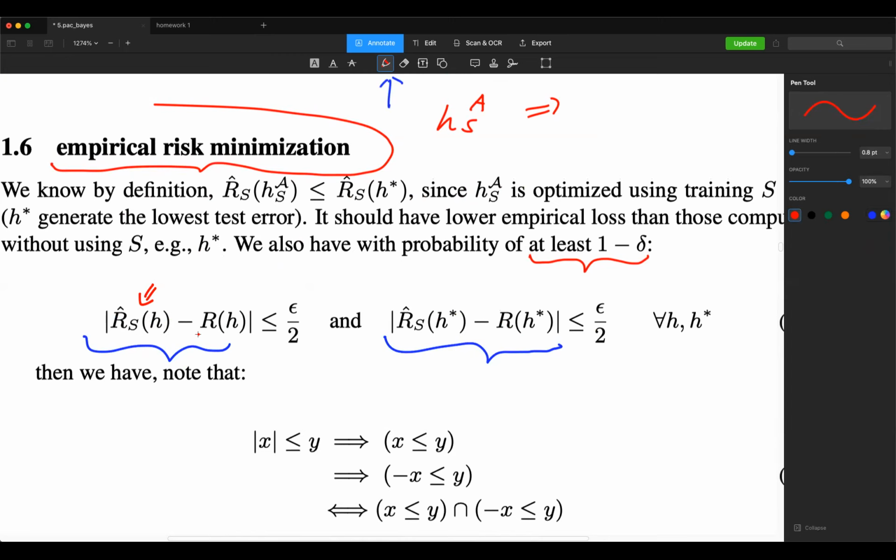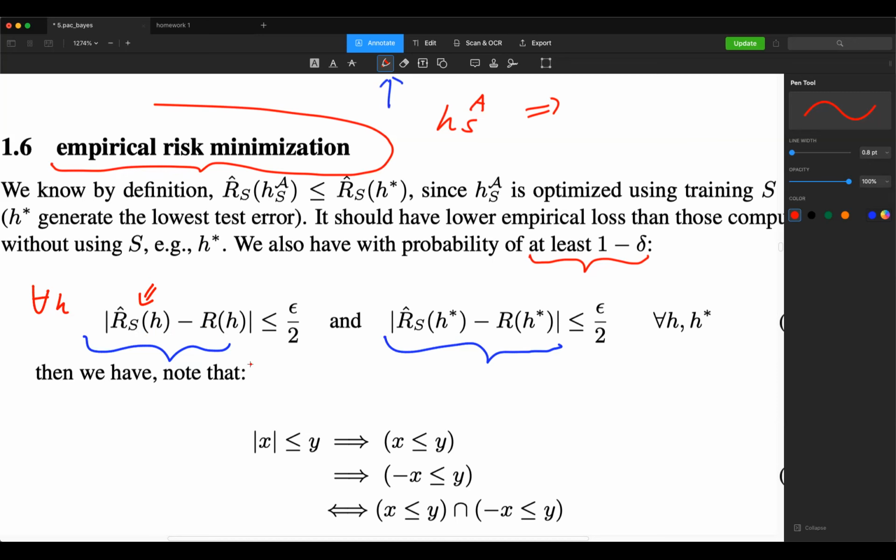This is for arbitrary H, for any arbitrary H. So this is for all H, for all hypotheses. What's this? That's the empirical risk, right? For all H, for all hypotheses, empirical risk minus the expected risk.